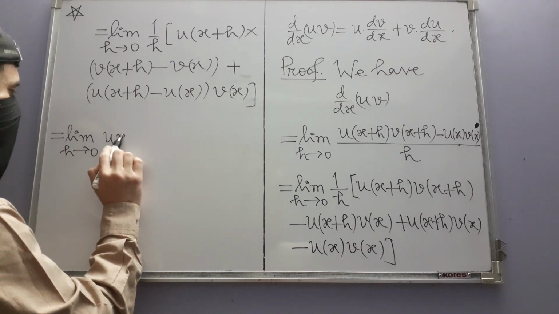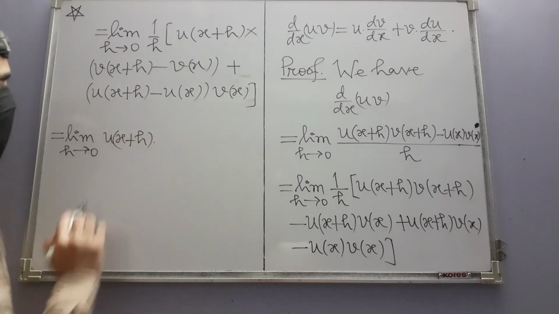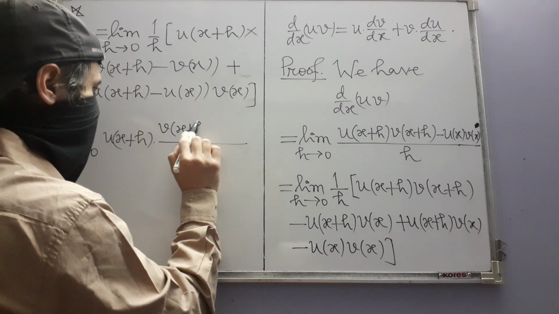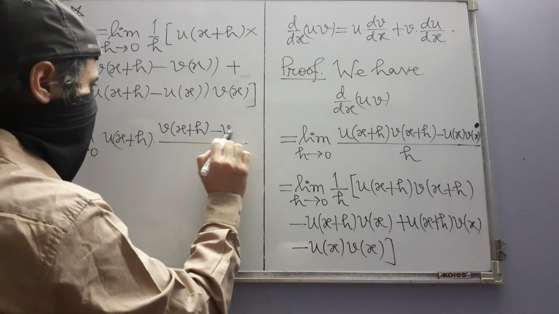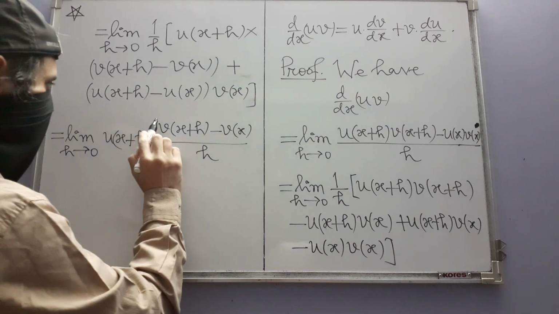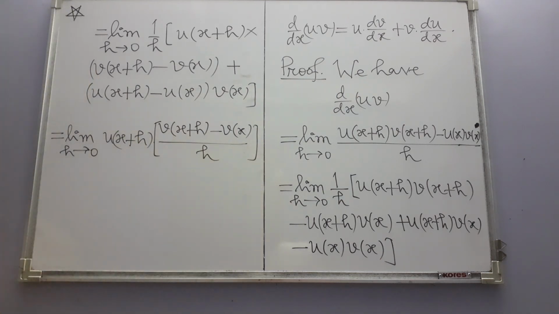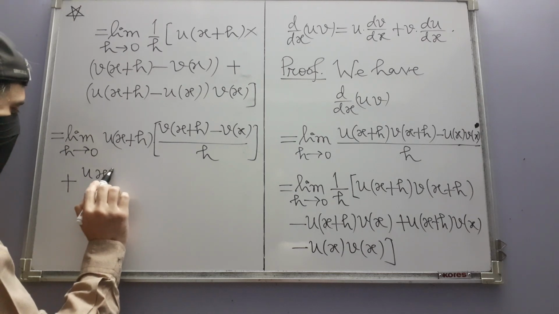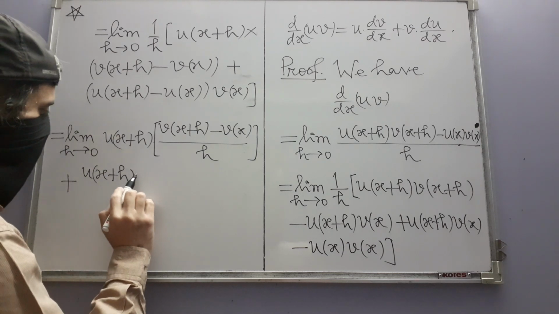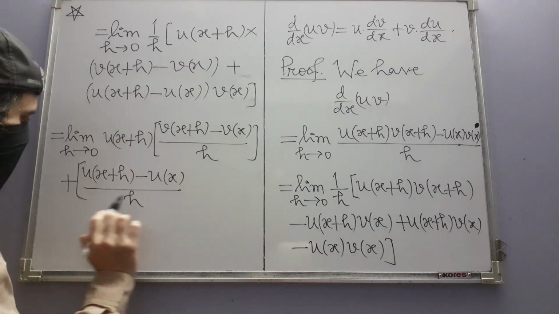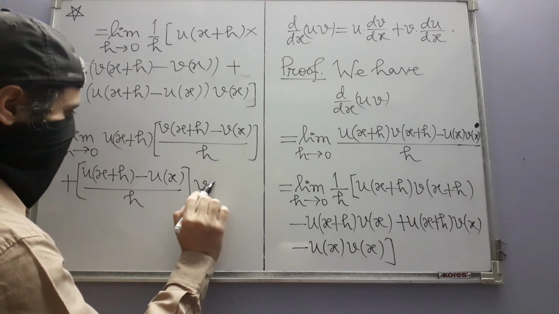So this is u of x plus h times v of x plus h minus v of x divided by h. Okay, so this can be thought of as a single term. Similarly, plus u of x plus h minus u of x divided by h times v of x.